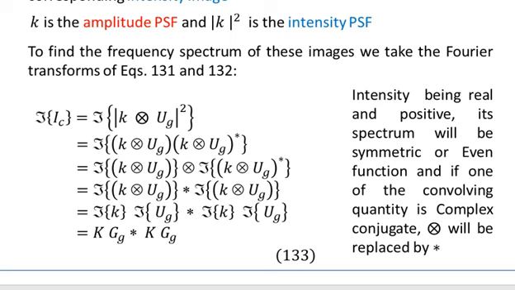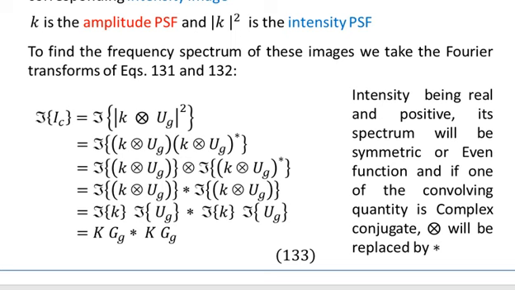In the fourth step we have applied the Fourier transform to the individual parentheses, and then we have the Fourier transform of k multiplied by the Fourier transform of U_G, because the convolution is converted into multiplication, and then we have the autocorrelation sign, which is the asterisk, and again on the right hand side we have the Fourier transform of k multiplied by the Fourier transform of U_G.